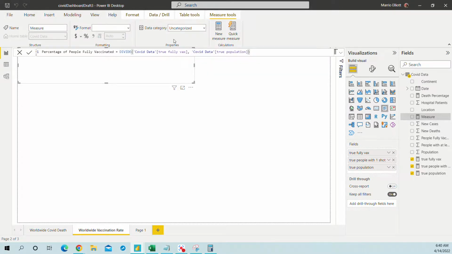And we're going to make it a percentage. Remember, we can do that here, which is pretty dope, instead of having to do times 100 to get it back in decimal form. This should do it. All right, cool.